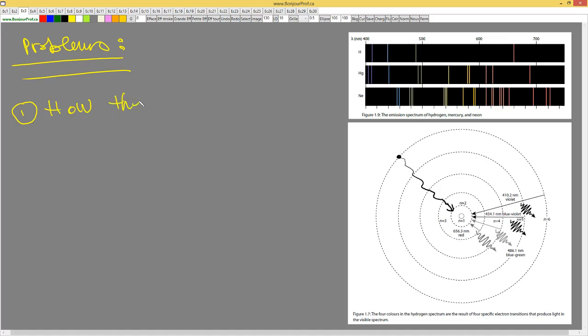So the first problem is how the jump is physically done. How does it go from level 6 to level 2 by skipping level 4, level 5? If he passes here, he has to radiate the color that corresponds from here to here. If he skips here, he has to give the color, etc., because he will lose energy little by little.